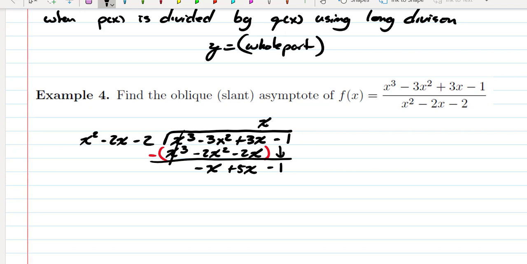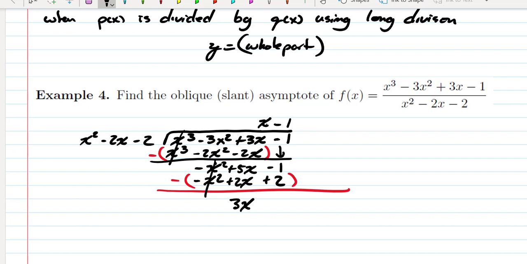And now I rinse and repeat. So how many times does x squared go into negative x squared? Well, that's negative 1. Negative 1 times x squared is negative x squared. Negative 1 times negative 2x is positive 2x. And negative 1 times negative 2 gives me positive 2. And then I subtract. Those reduce out. 5x minus a positive 2x is 3x.